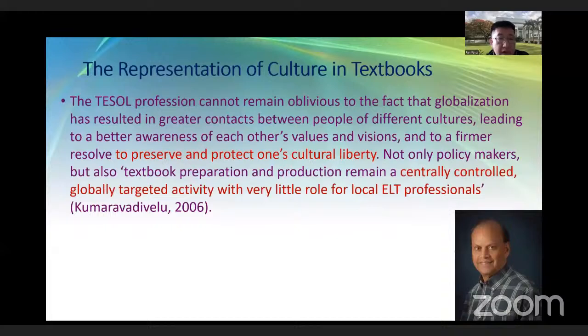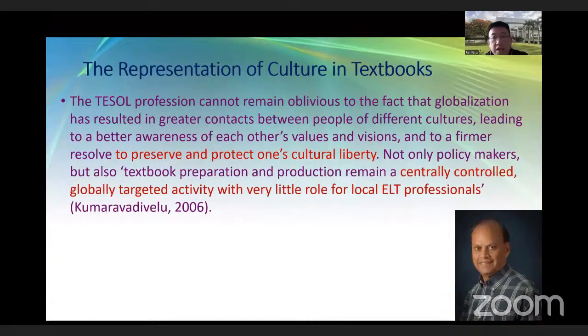Again, the argument from Kumaravadivelu is that the TESOL profession cannot remain oblivious to the fact that globalization has resulted in greater contacts between people of different cultures, leading to a better awareness of each other's values and visions, and to a firmer resolve to preserve and protect one's cultural liberty.